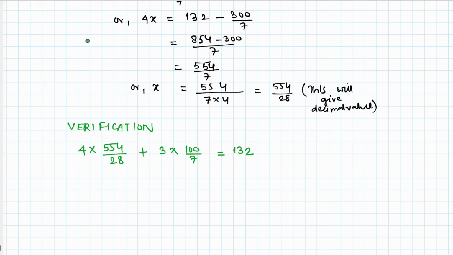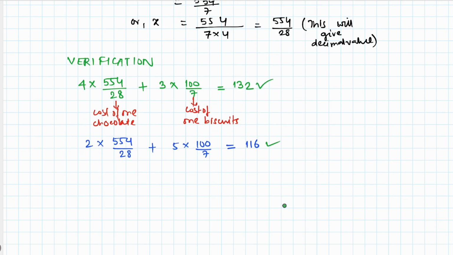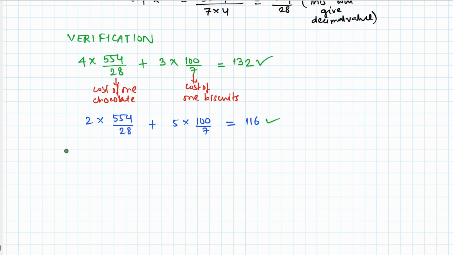So when you solve this particular equation, you are able to get the value 132. So this is the cost of one chocolate, and this is the cost of one biscuit. So this is satisfying my first statement. Also, if I put it in the second statement, 2 times 554 by 28 plus 5 times 100 by 7, we'll get again 116.